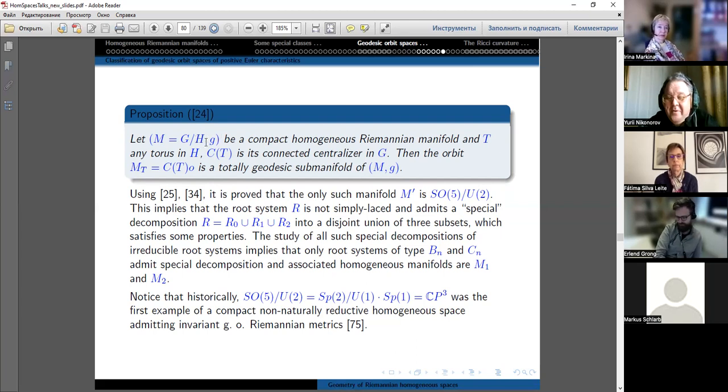Therefore, we have some torus in H. We can consider the centralizer of this torus. We can consider the orbit of this centralizer. We will have some smaller manifolds, some totally geodesic submanifolds.